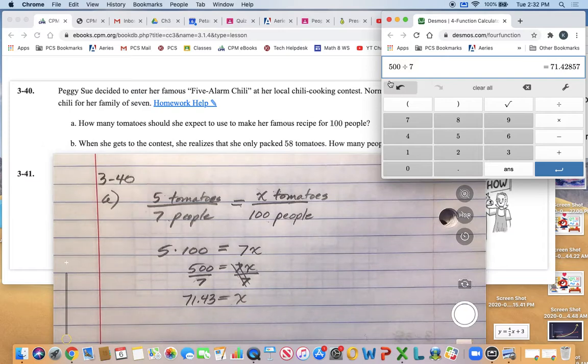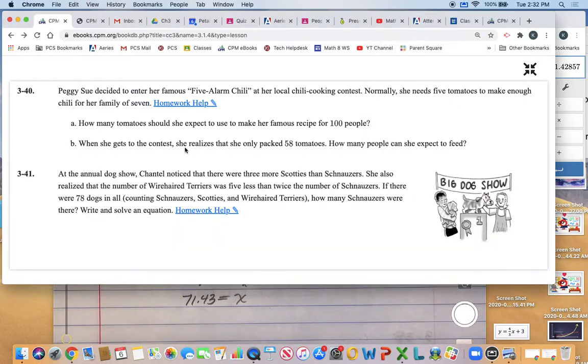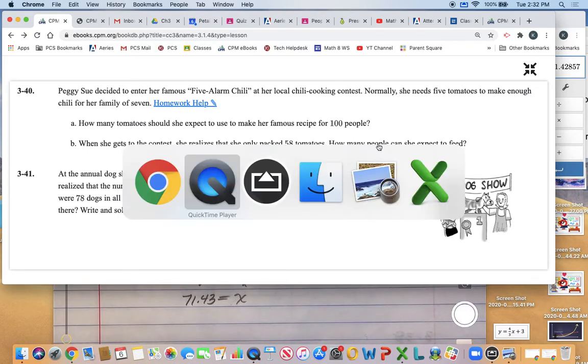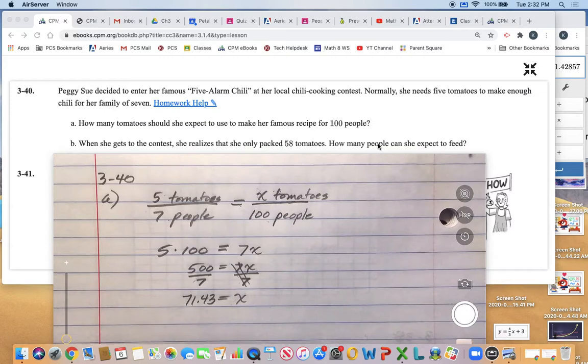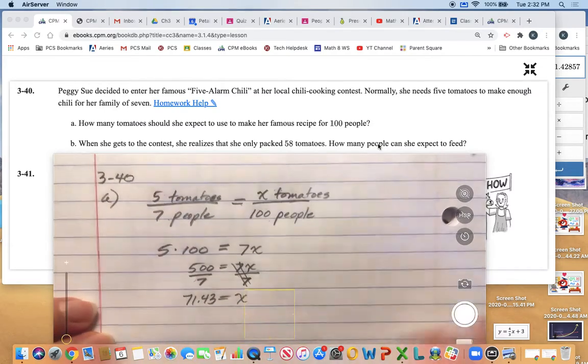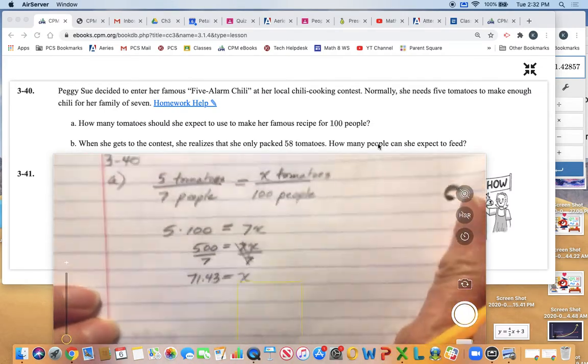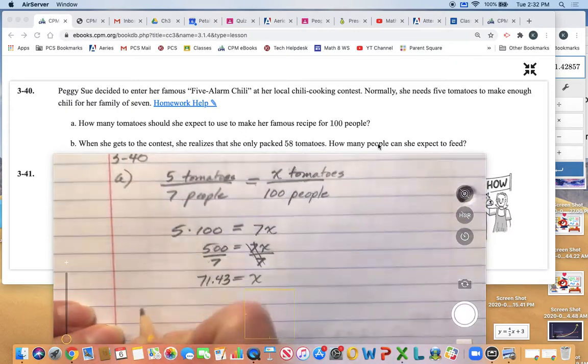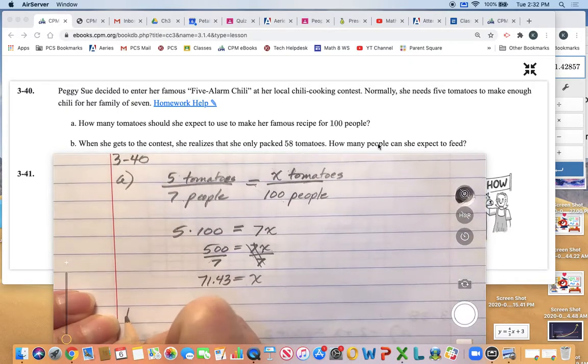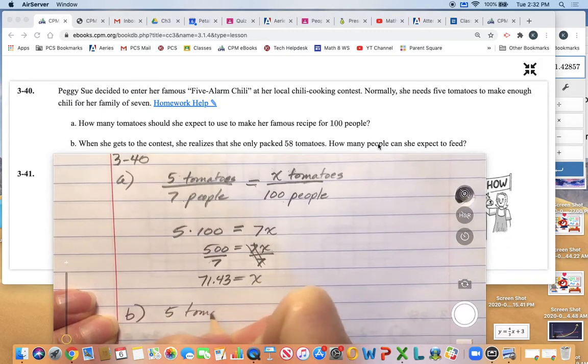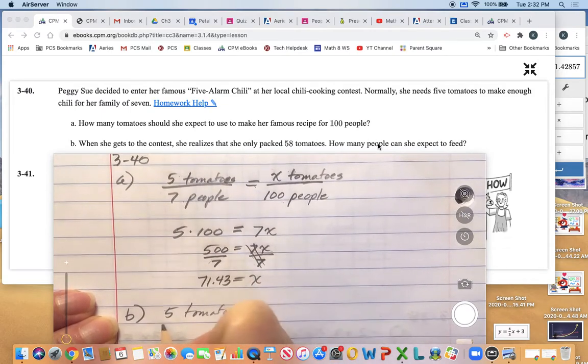Okay, and now the second part of the problem, when she gets to the contest, she realized she only packed 58 tomatoes. So now she has to figure out how many people she can actually feed with that number of tomatoes. So we're still going to use that original ratio of 5 tomatoes to 7 people.